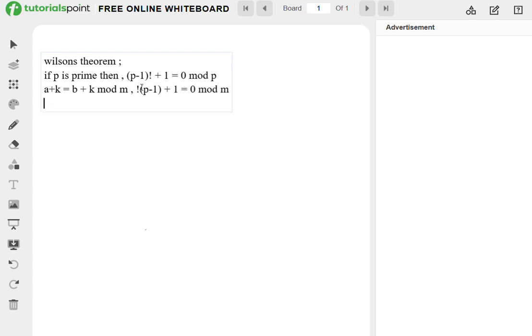But if we subtract the 1, what we get is p minus 1 factorial is congruent to minus 1 mod p. Simple as that. Now this is quite useful.